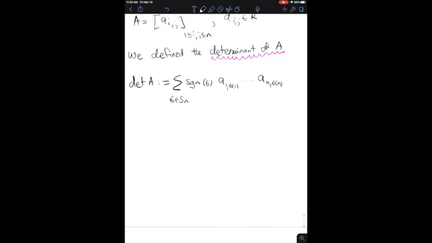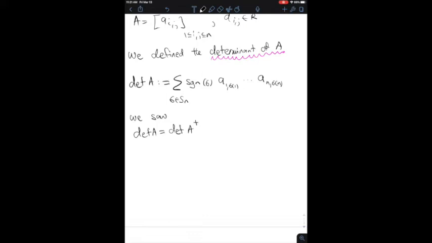And we proved last time that the determinant of a matrix equals the determinant of its transpose. And as a consequence, we could also write the determinant by a slightly different formula, having instead the permutations act on the first subscript.